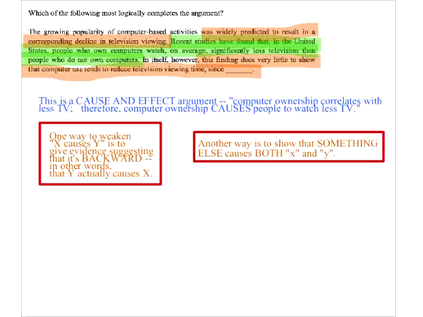So this is another case where they are trying to argue that X correlates with Y, and therefore X causes Y. There are two ways in which you can weaken this. The first way is to suggest that it's backward, which would be that watching less TV causes people to go buy computers.